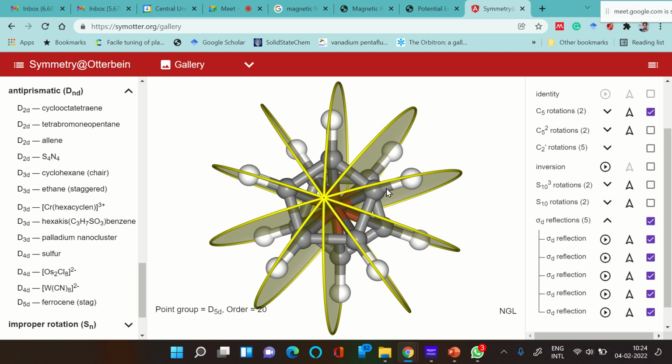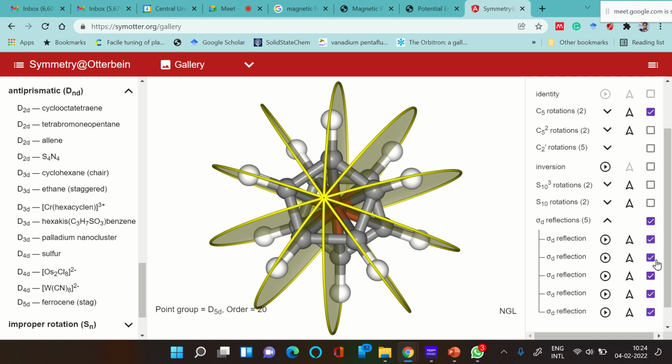We call it dihedral because it bisects the C2 axis. So dihedral planes are the ones that contain the principal axis, but they are also bisecting the two C2 axes that are lying in the plane.